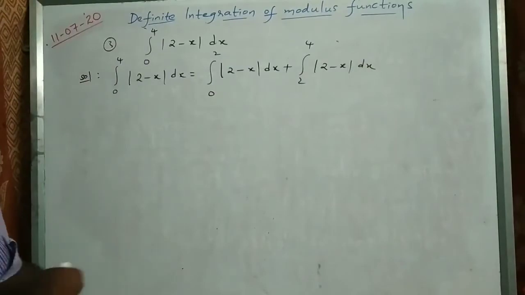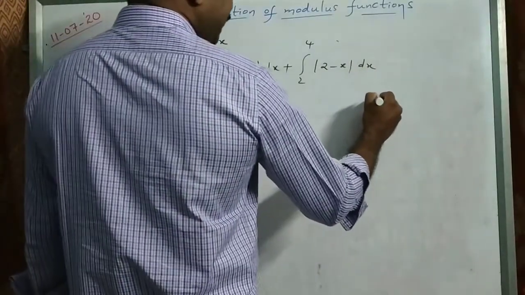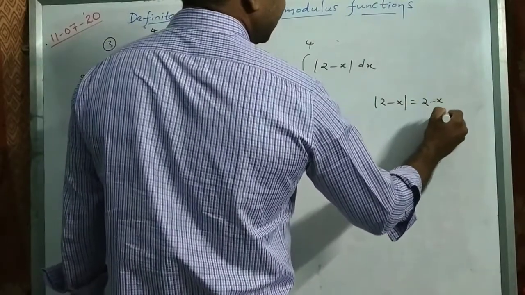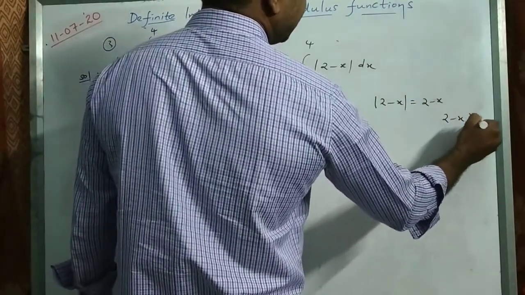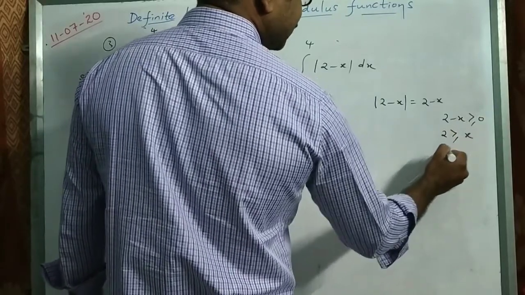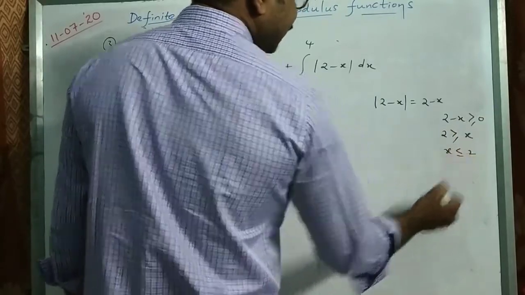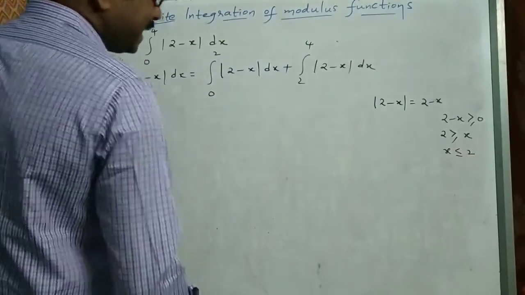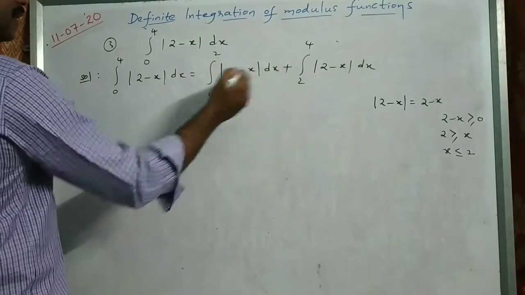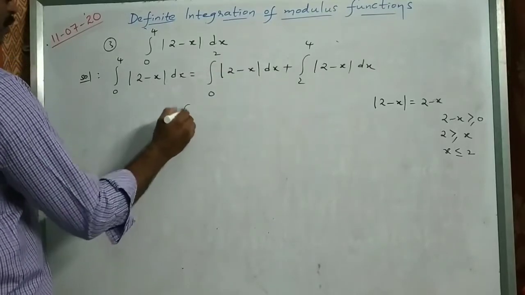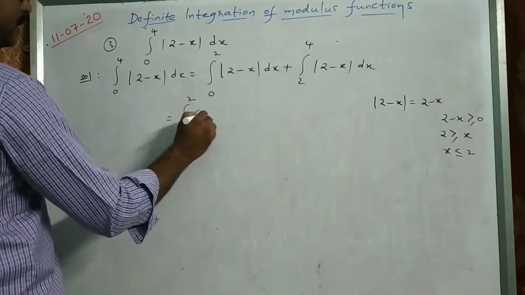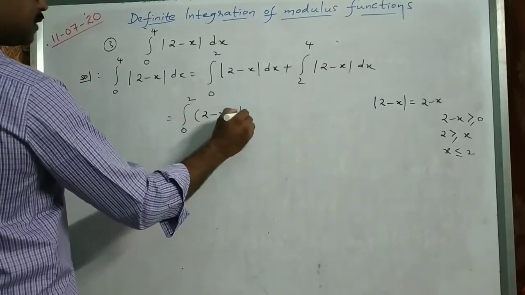Okay? So when do we have this modulus 2 minus x will be 2 minus x if 2 minus x is greater than or equal to 0, 2 is greater than or equal to x, so x less than or equal to 2. X less than or equal to 2 means this modulus function will be positive. So 0 to 2, this modulus 2 minus x will be positive, 2 minus x dx.